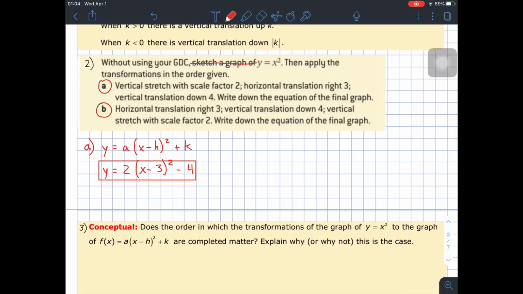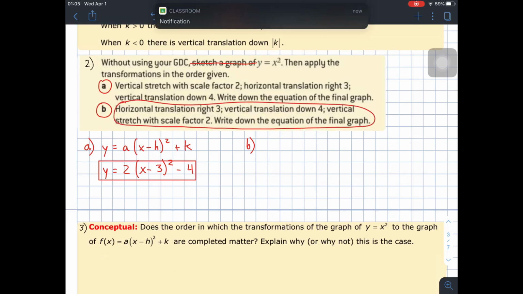Okay. Part B. It says horizontal translation right 3, vertical translation down 4, and stretch with scale factor 2. Write the equation of the final graph. Okay, so it's the same thing, but the order in which we're applying the transformations is changing, and that's something very important that you should always consider.